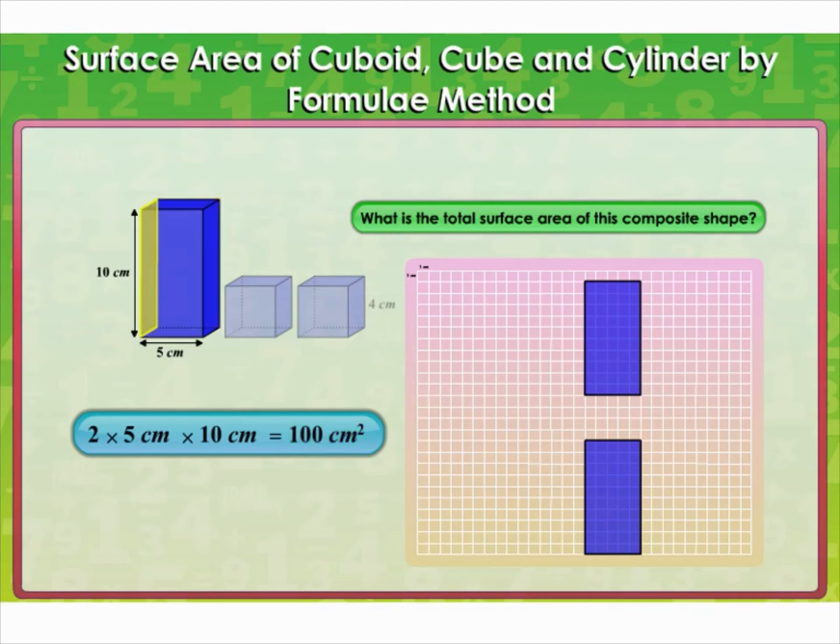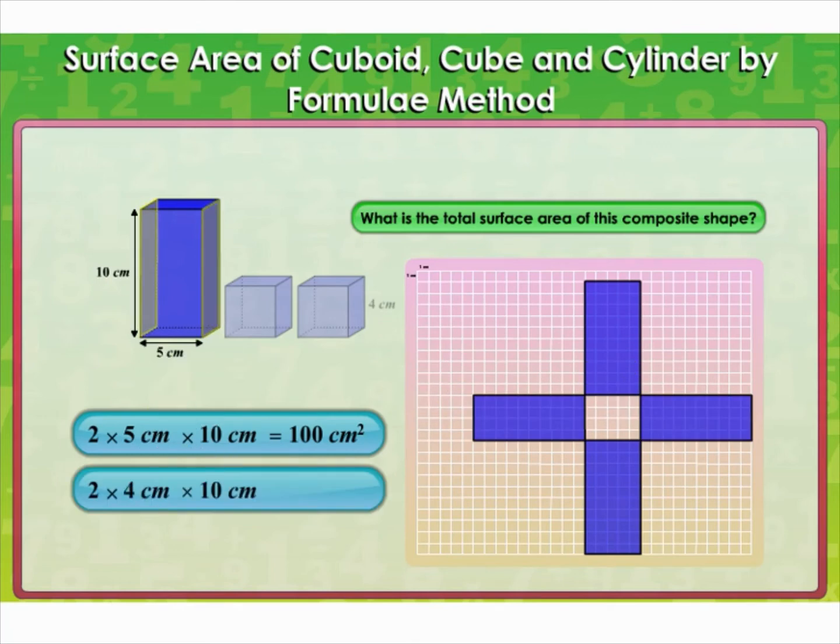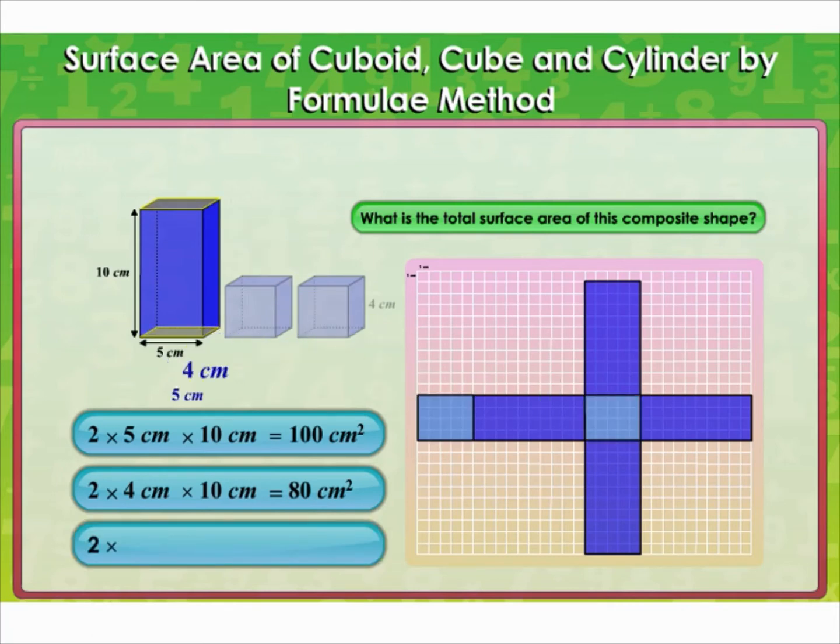These parts are 4 centimeters by 10 centimeters, which is 2 times 40 square centimeters equals 80 square centimeters. These parts are 4 centimeters by 5 centimeters, which is 2 times 20 square centimeters equals 40 square centimeters.